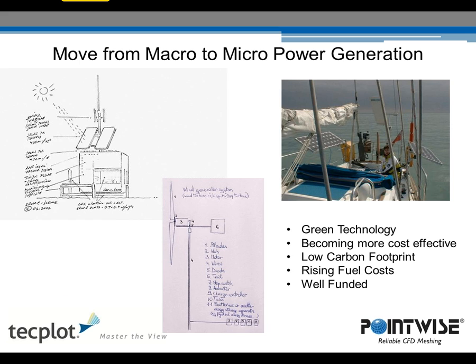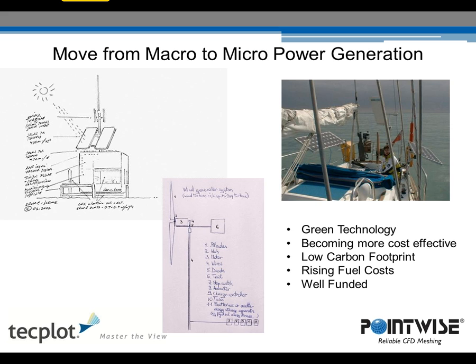To put this in context, there's been a fair amount of research recently in moving from macro to micro power generation. In the United States, that's perhaps relevant, but if you move to the developing world, we're looking for many ways to have small organizations or small ways of bringing power. This is, of course, a green technology, so we're looking primarily at wind and solar.